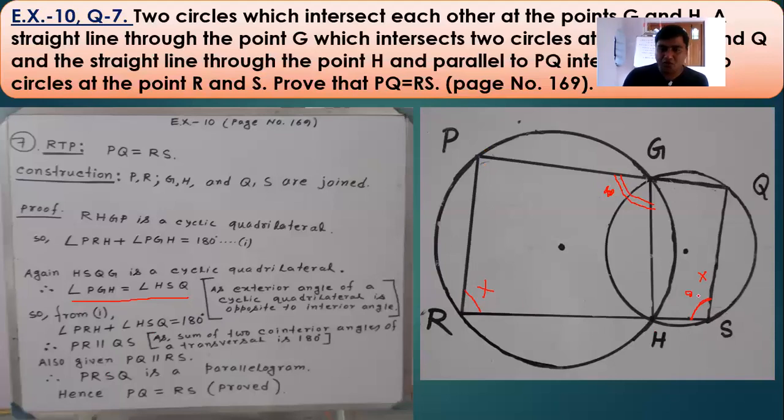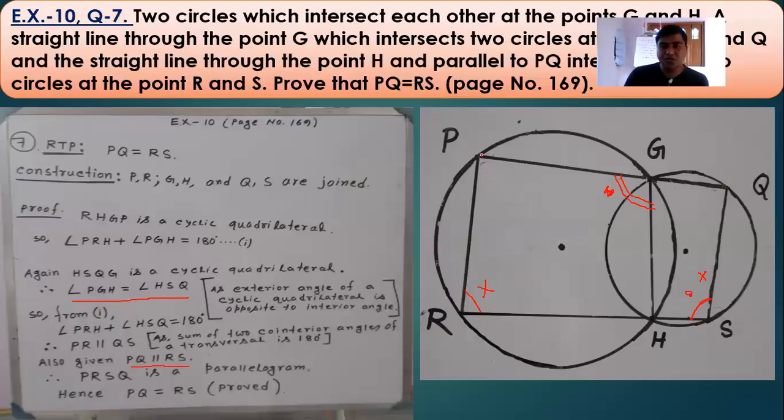The sum of the co-interior angles is 180 degrees. So these two lines are parallel. Therefore PR is parallel to QS. But also given PQ is parallel to RS.